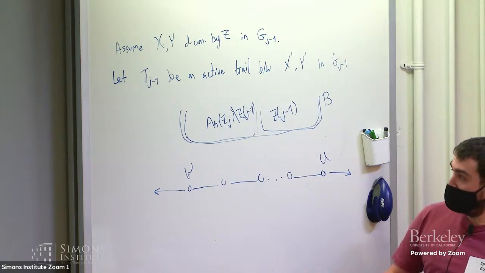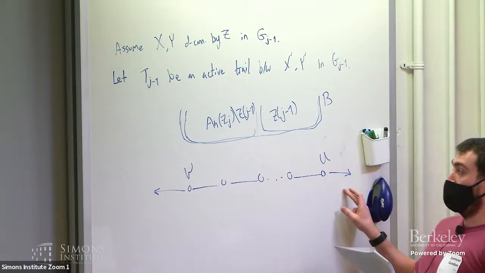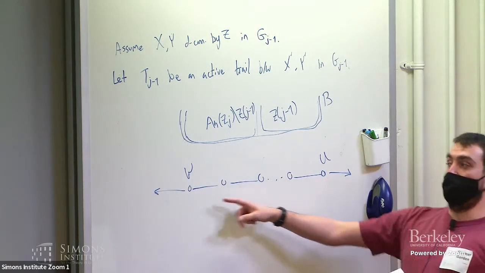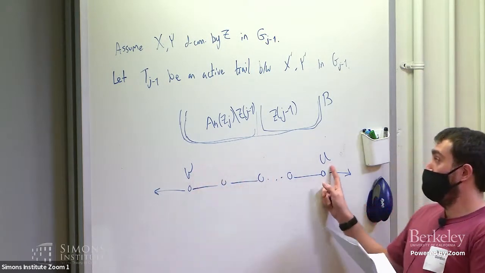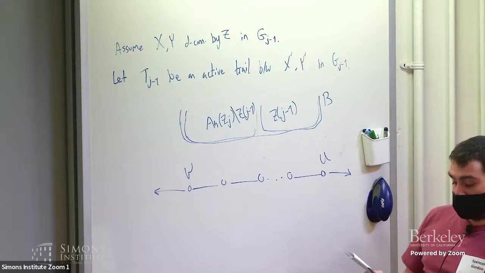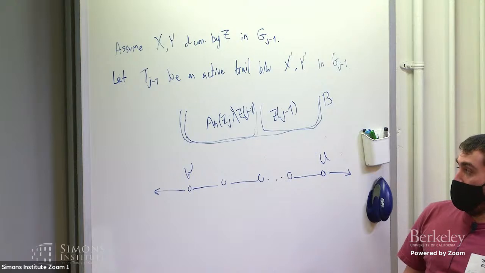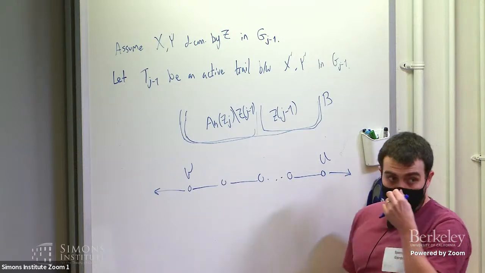Okay, so another observation is, since this original trail was active and neither W nor U is a collider because they both have outgoing edges in the trail, neither W nor U could have been in Z, our conditioning set. And now in GJ, right, we've added edges between all of the ancestors.